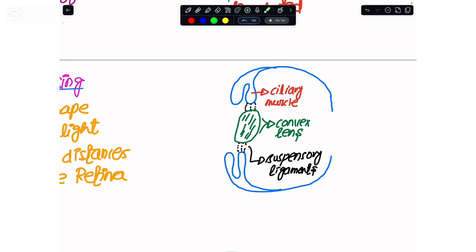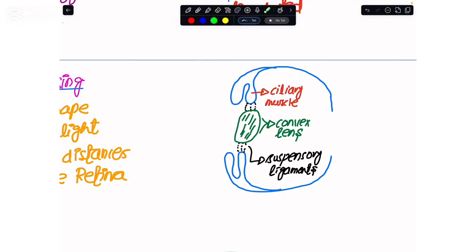The other way around, if I need the lens to become thicker or more convex, the suspensory ligaments must relax. So here we must know how we pull these suspensory ligaments, and how we release the tension on the convex lens by the suspensory ligament.